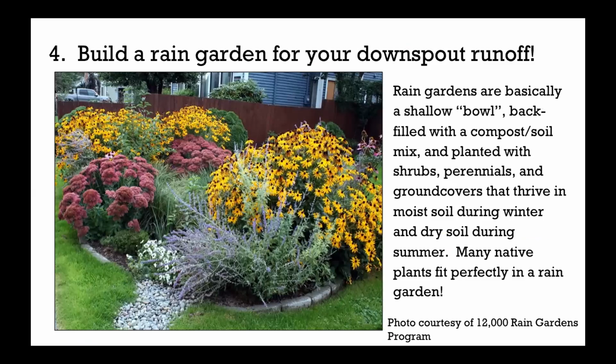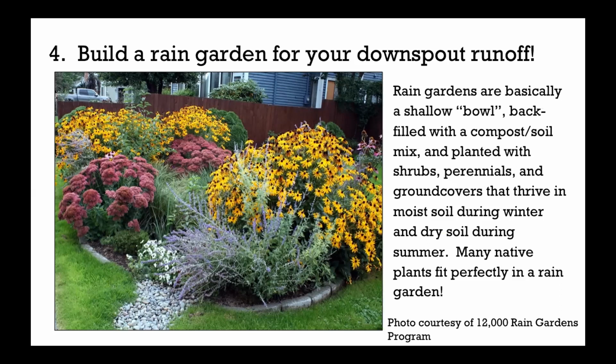Building a rain garden is one of the most beautiful ways, I think, to handle your downspout runoff, because you can build a rain garden that just has one downspout going into it, or you can have multiple downspouts going into it.